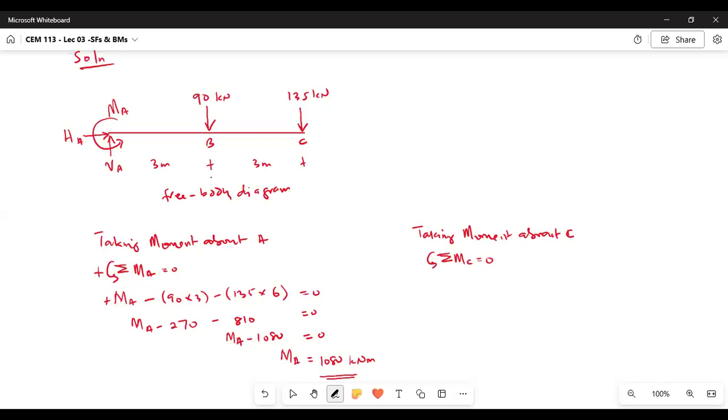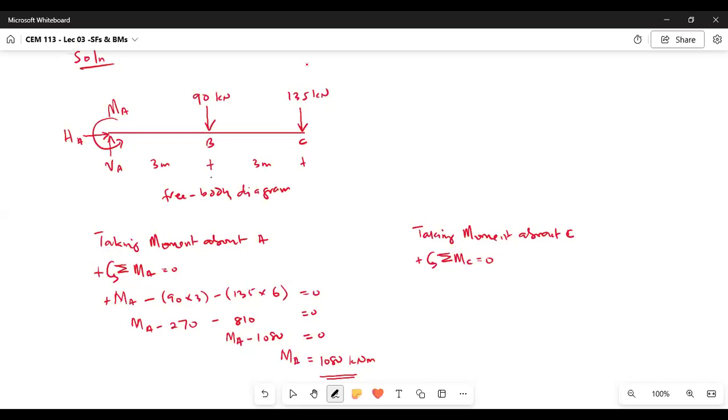You need to show that anticlockwise is positive. Okay? So in this case, we have the 135, which is not a reaction, so it's times a distance of 0. Then we have 90, this will be anticlockwise, a distance of 3. We have VA, that will be clockwise times a distance of 3 plus 3.